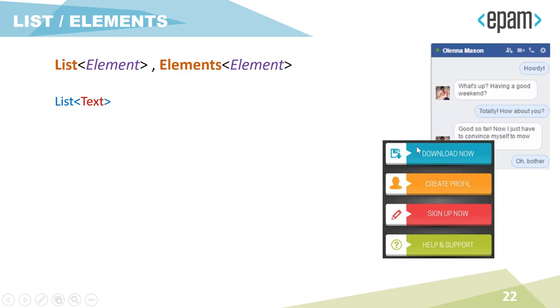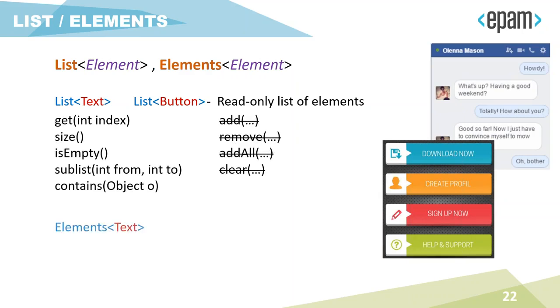Or, for this collection of buttons, we can have a list of buttons, or any other lists. This is, of course, a read-only list, and you can't add a button through this interface on your web application.